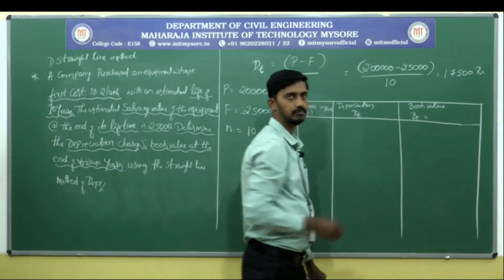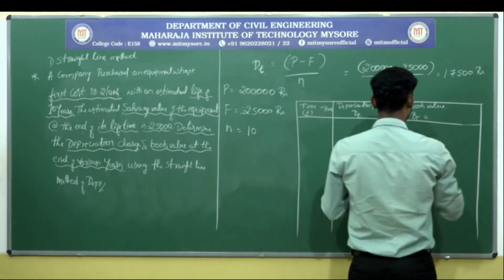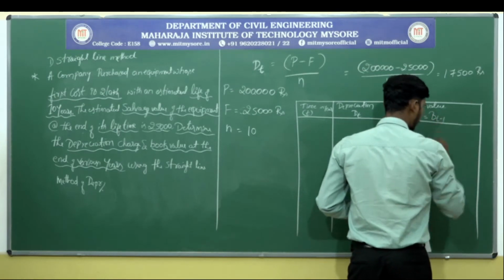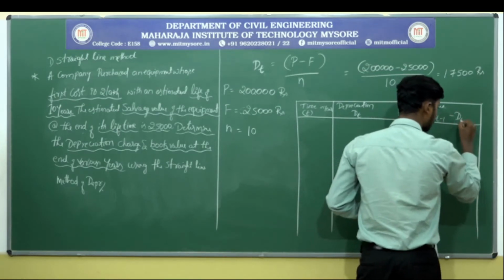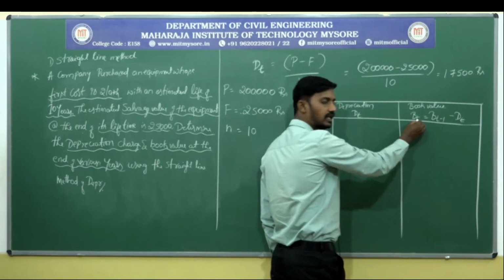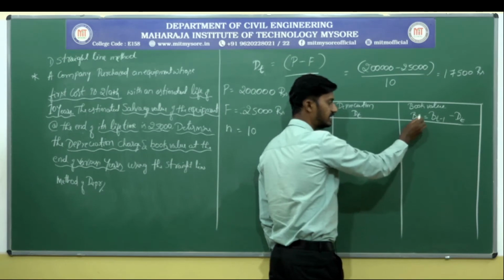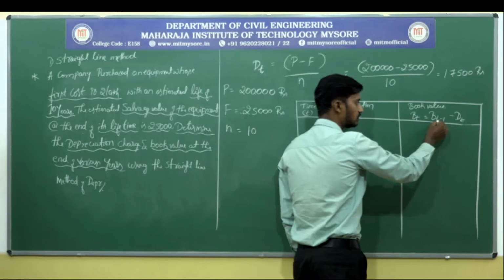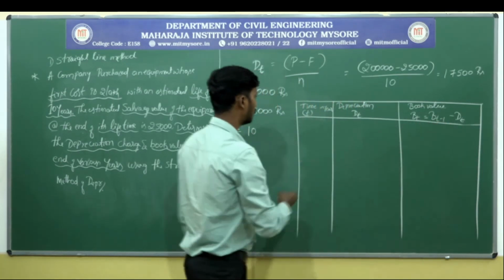T is time, and book value can be denoted in terms of b. The formula for that is bt equals b(t minus 1) minus dt. That means to say, if you want to calculate the book value of the second year, let us consider t is equal to 2, second year, then t minus 1, that is 2 minus 1, should be used here. Okay, let us solve this.